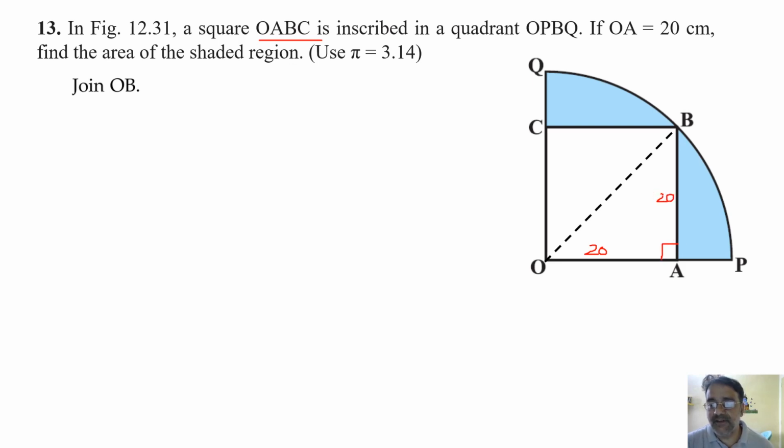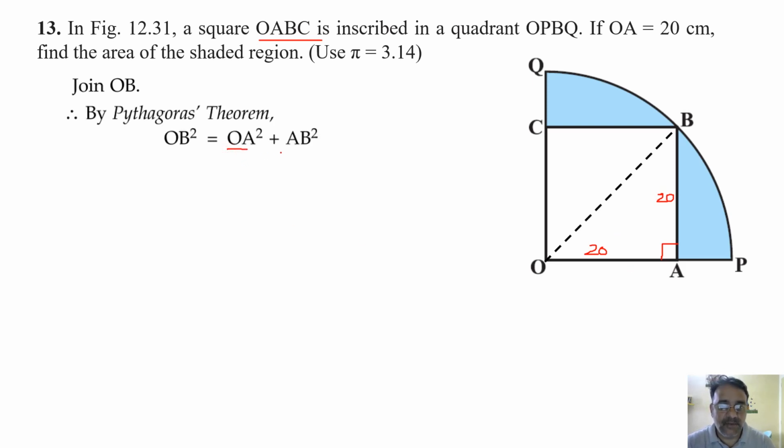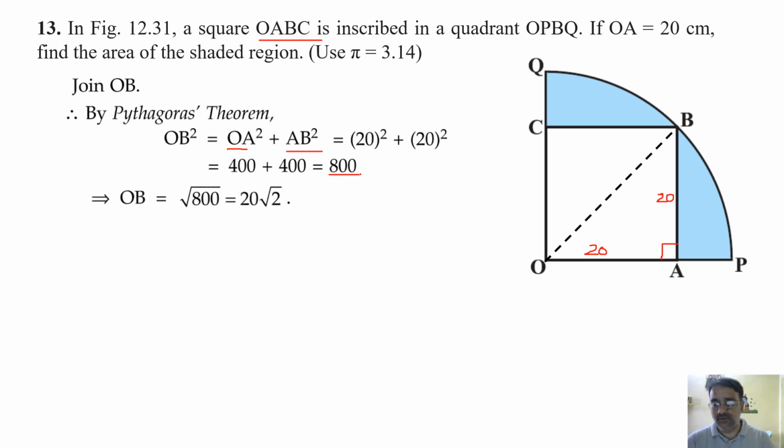By using Pythagoras theorem, OB square is equal to OA square plus AB square. That is 20 square plus 20 square, 400 plus 400, 800. And the square root of 800 is 20 root 2. If you remember the formula, you can use it directly. Diagonal of square is a root 2.